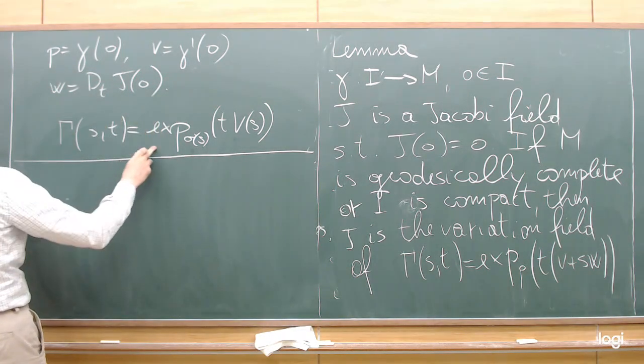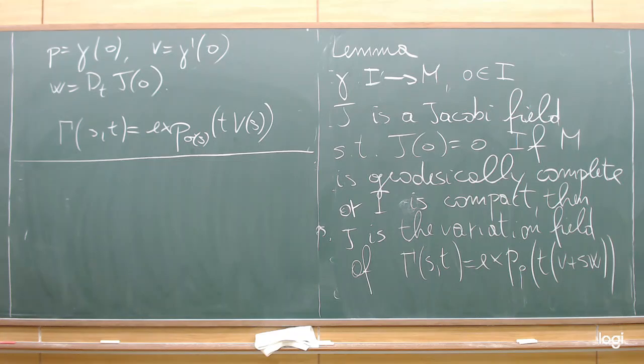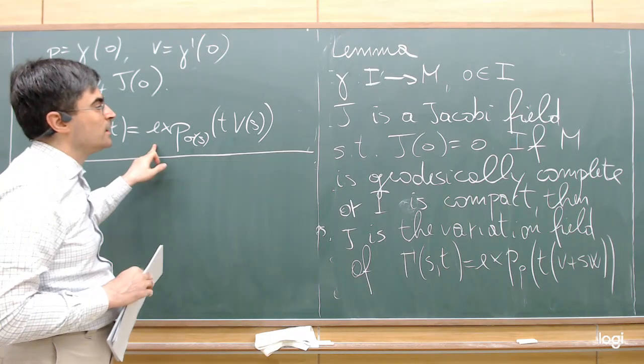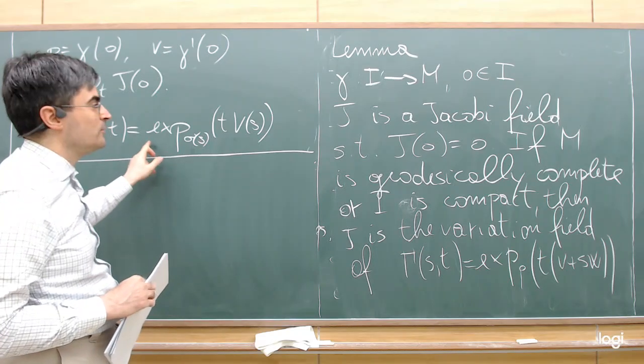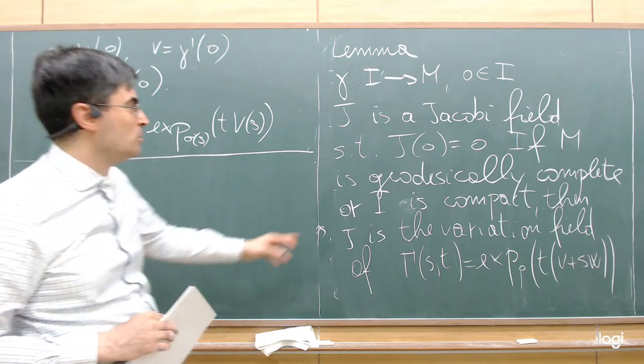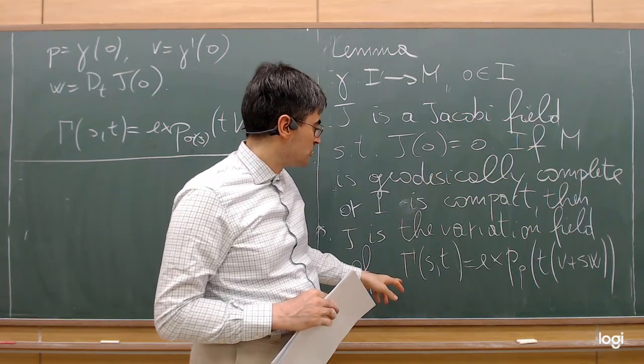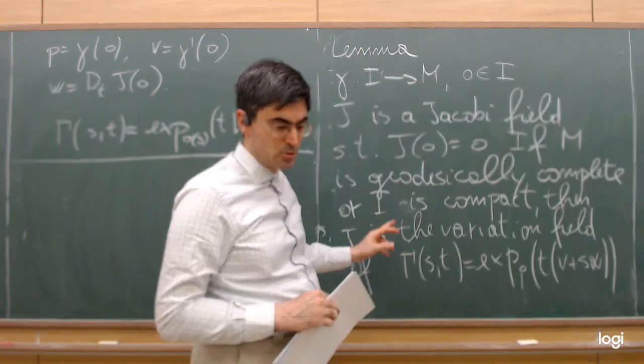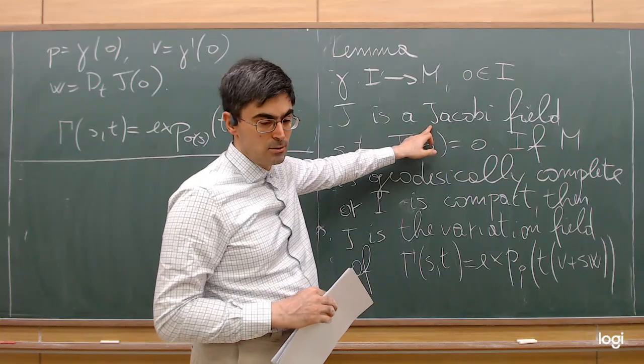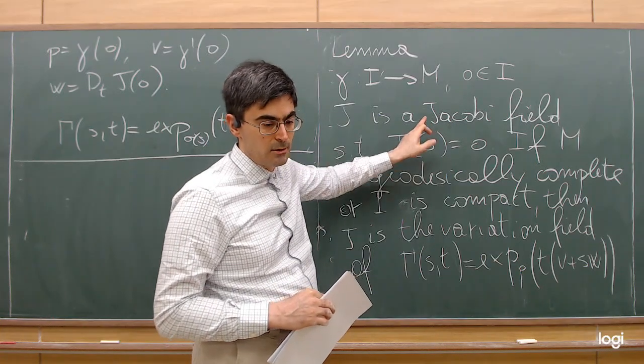So this is the general formula that you have to use when you have a Jacobi field and you want to find the variation of which J is the variation field.